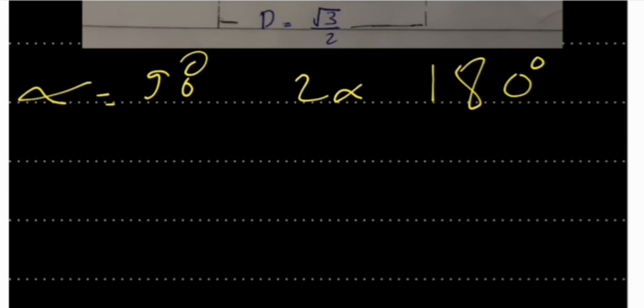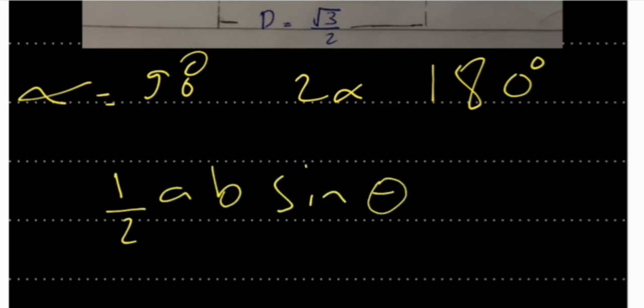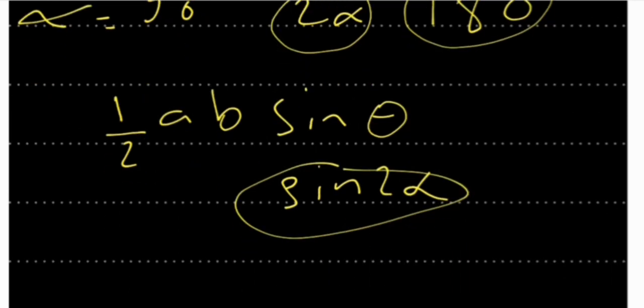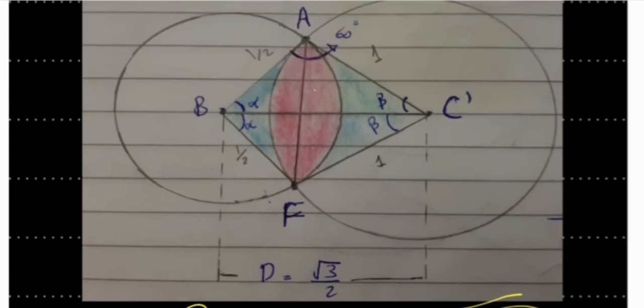It was 1/2 of AB sine of the angle, but our angle now is 2 alpha, so it is sine of 2 alpha, but 2 alpha is 180 degrees. Sine of 180 degrees is equal to 0.